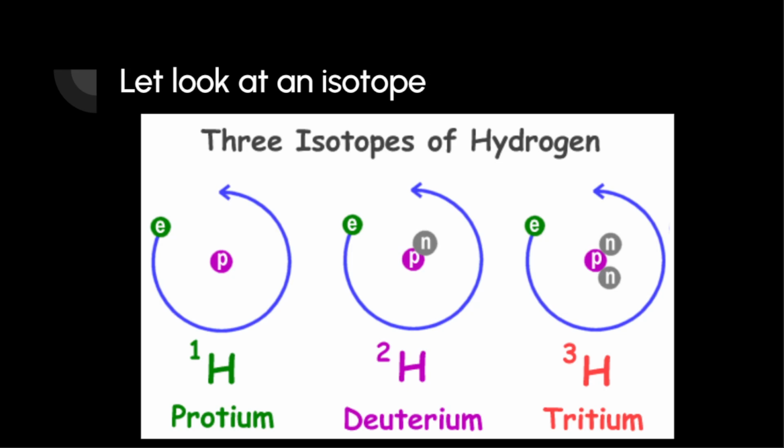Deuterium, you can actually buy this on eBay or Amazon or Etsy. You can buy literally a bottle of deuterium water, or heavy water. They behave the same, taste the same, but if you drink too much heavy water, it's not good for you.